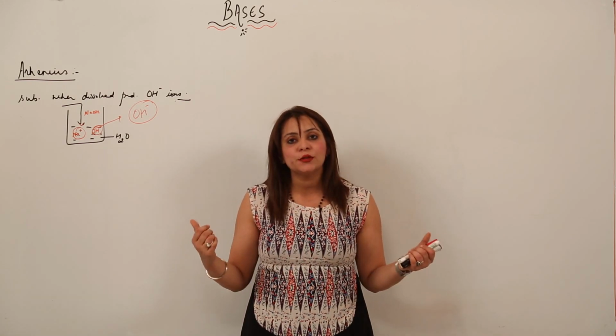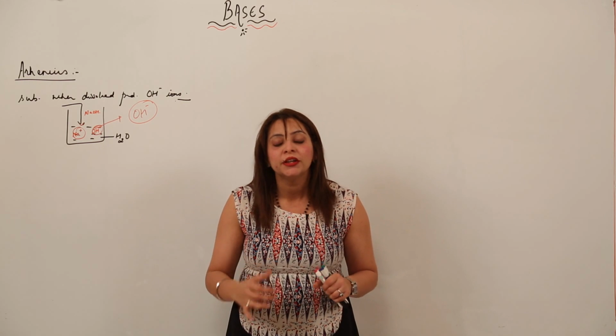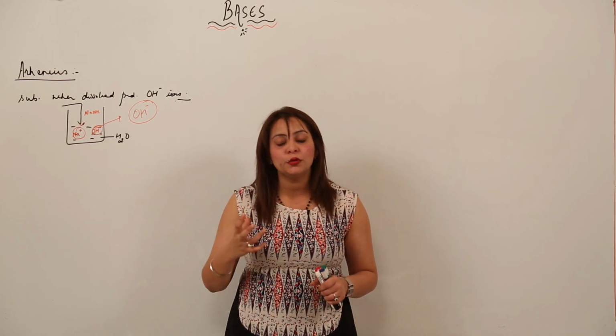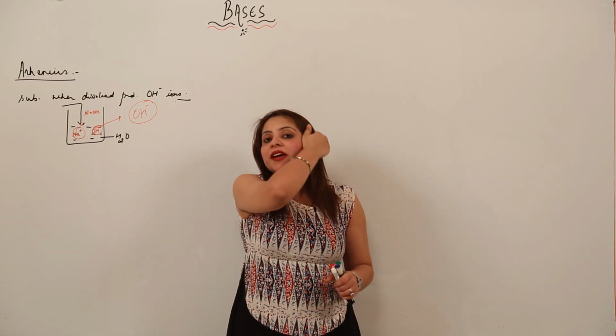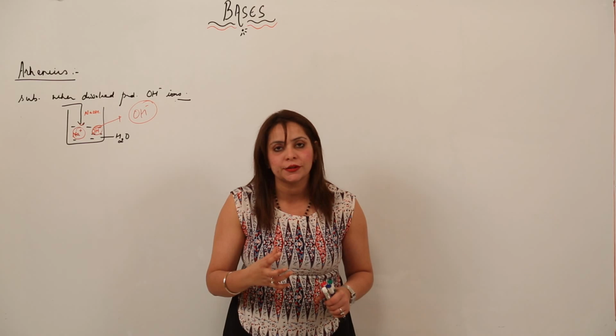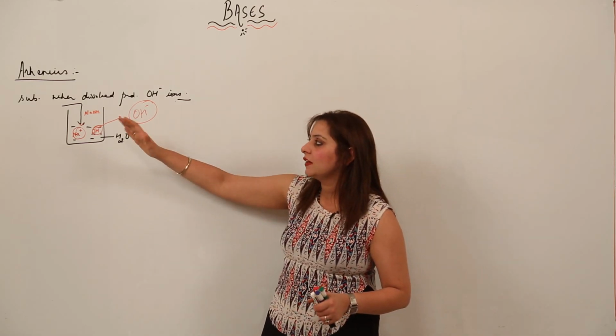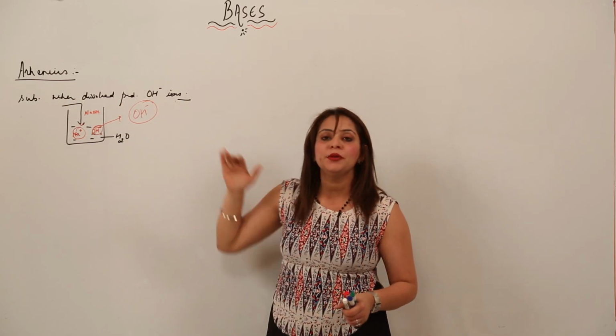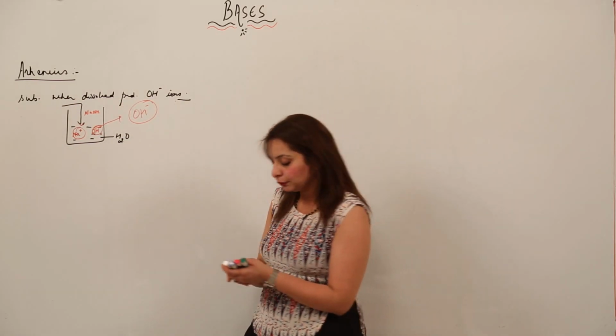In both cases we need to dissolve a substance in water. So keep in mind, according to Arrhenius, we can come to know about the nature of an acid or base only when we dissolve that given substance in water.